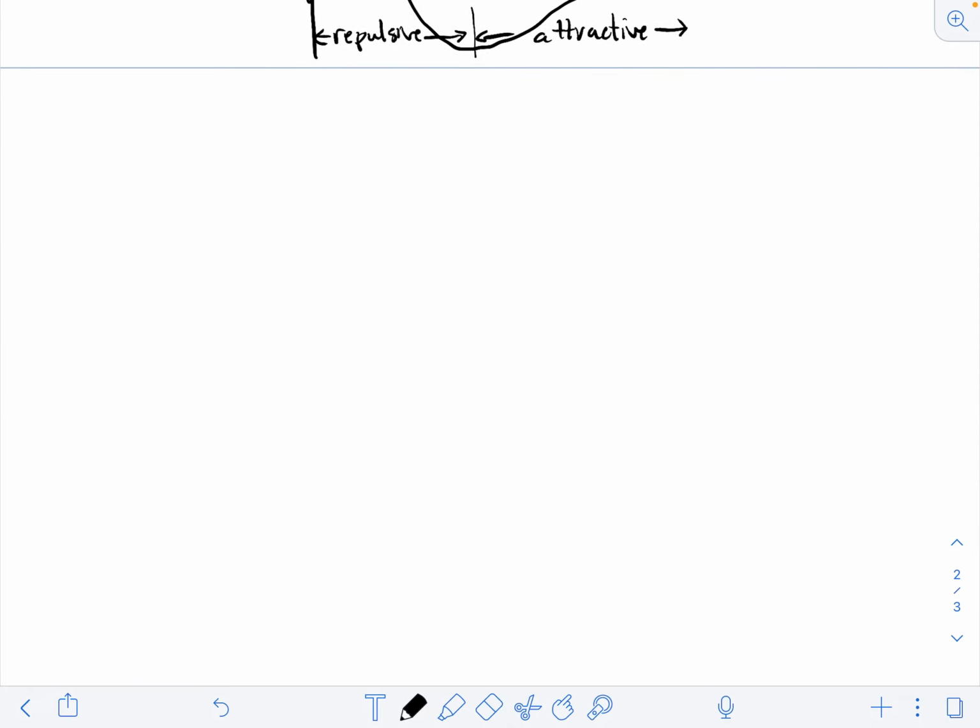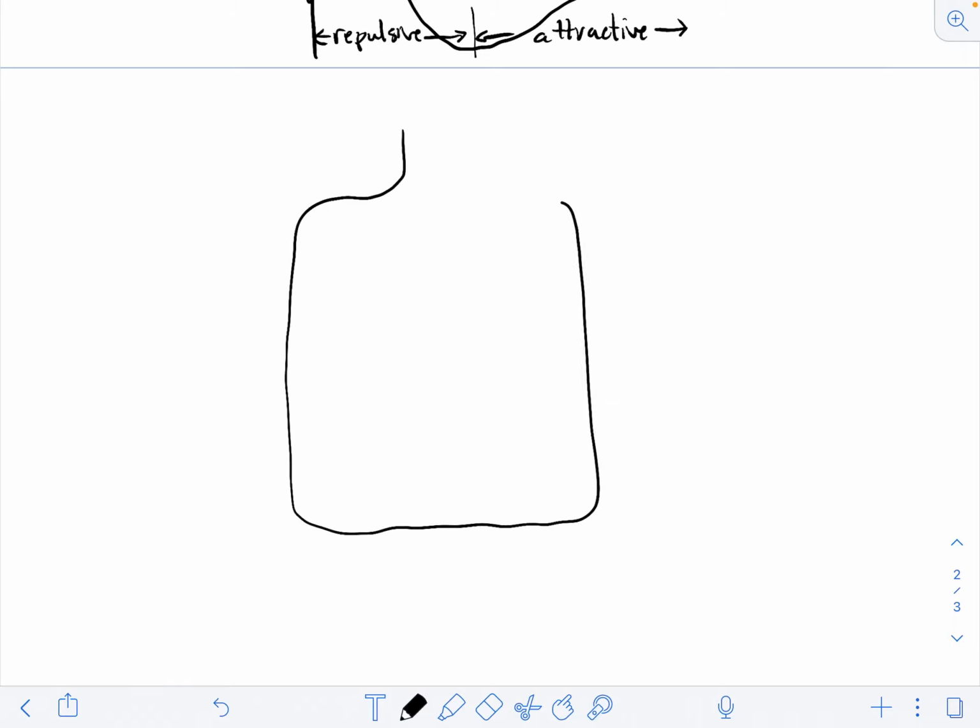Okay, so let's sketch a little container of gas particles, and first we'll think about some of the particles that occupy a volume somewhere in the middle of the container.